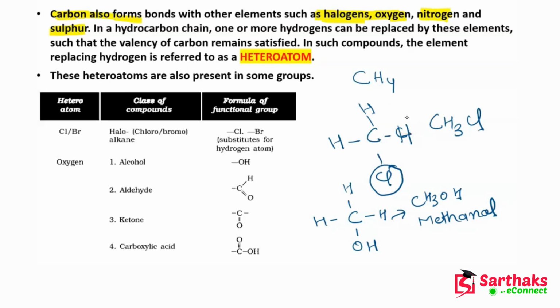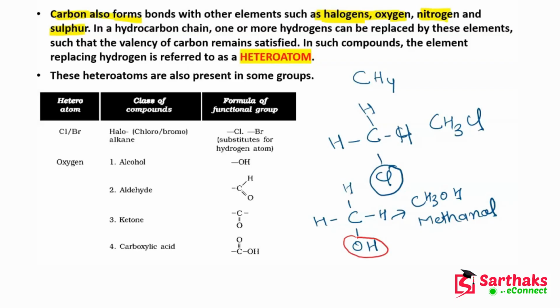Now guys, sometimes these heteroatoms can also be present in some group. Like here you can see this OH is a group of two elements, this oxygen and this hydrogen. But here you can see this is chlorine, a single element. So the heteroatom can be present as a single element as well as a combination of two elements. I hope guys this point is clear to you.